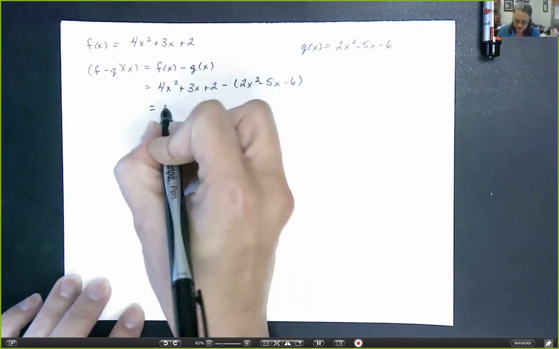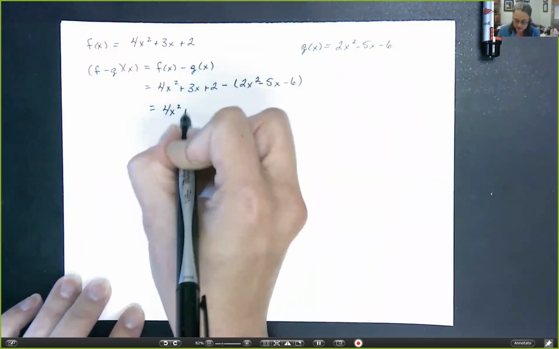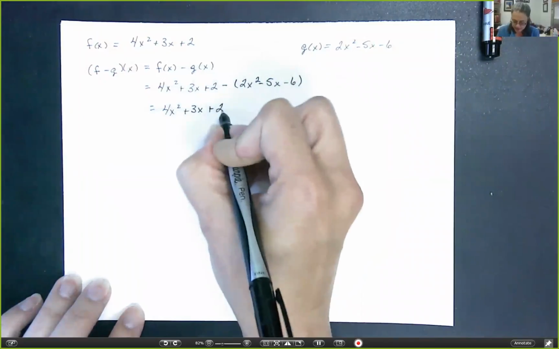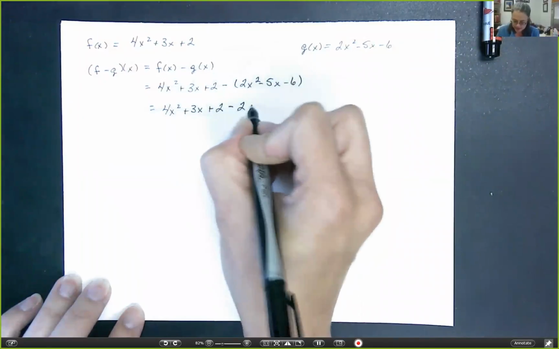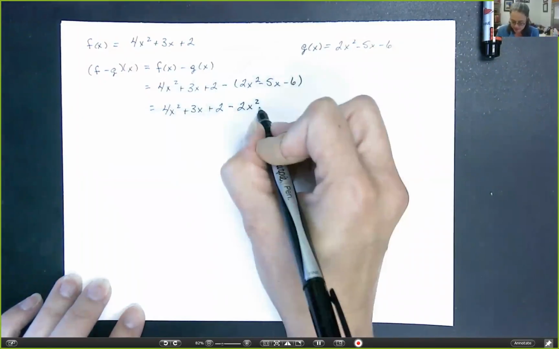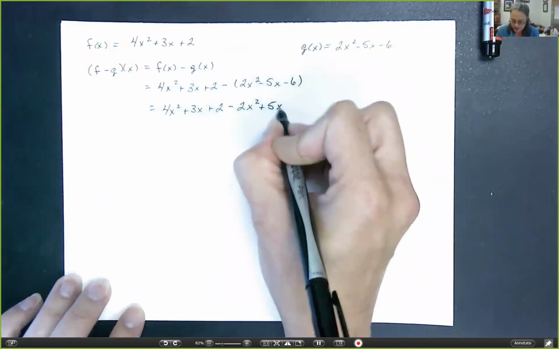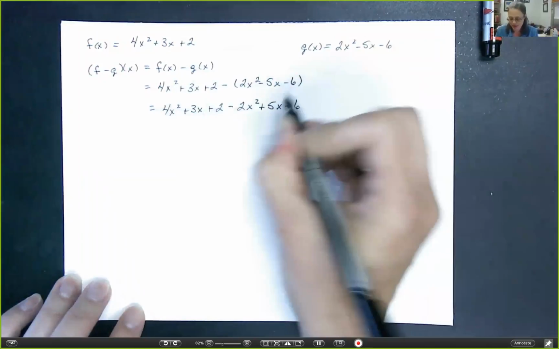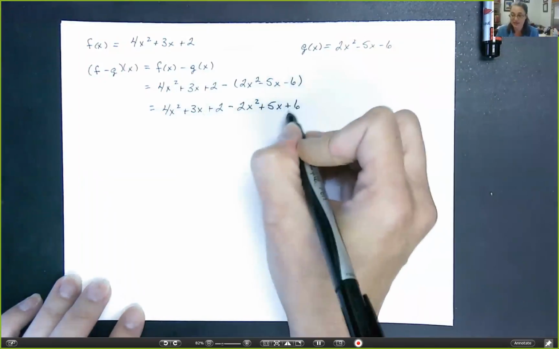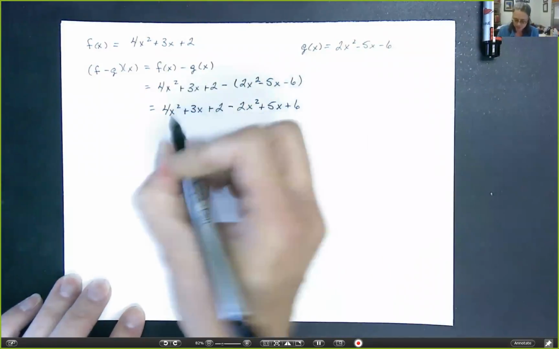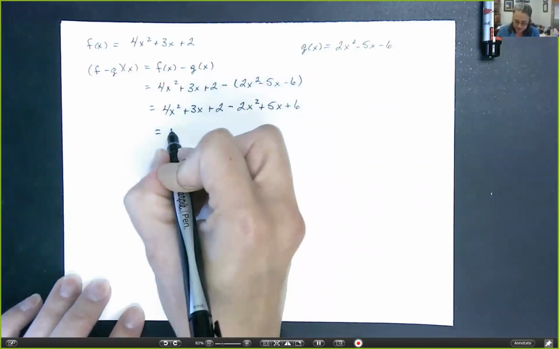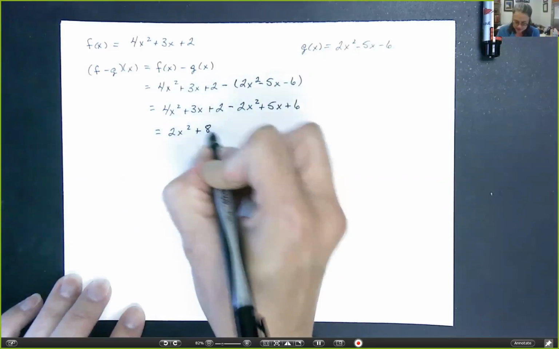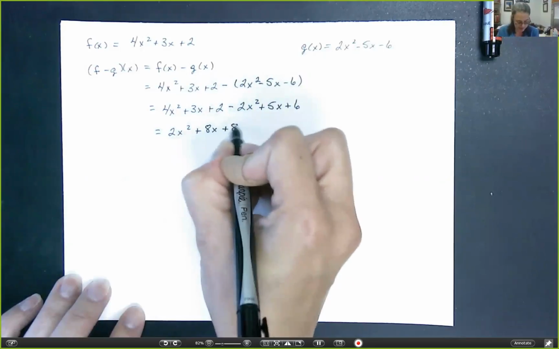So this is going to be 4x squared plus 3x plus 2 minus 2x squared plus 5x plus 6. If you don't know why these are pluses, be sure and ask me, okay? Combine like terms and we get 2x squared plus 8x plus 8.